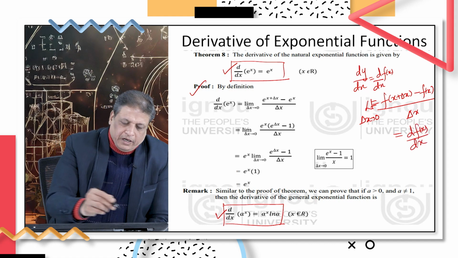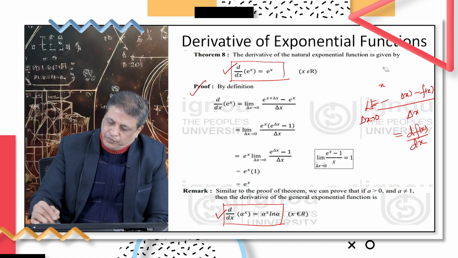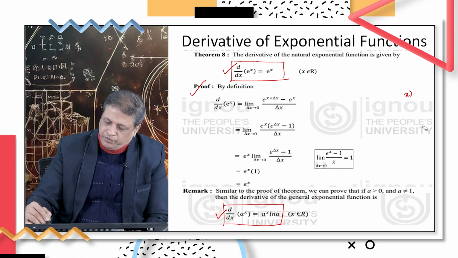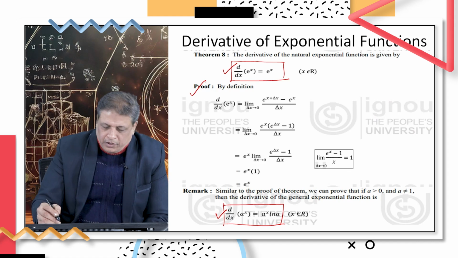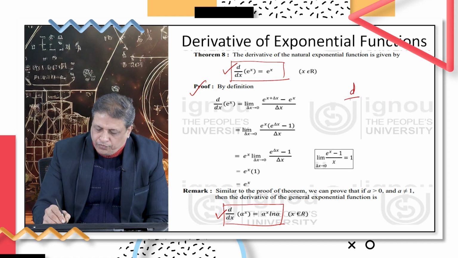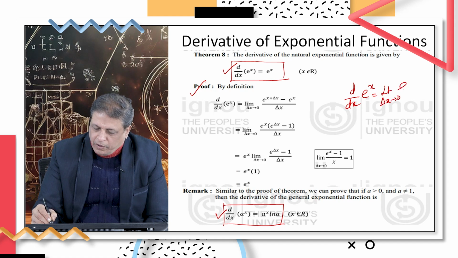Applying this fundamental formula and the concept of limits which we discussed in our earlier session, we get that d/dx of e to the power x turns out to be the limit as delta x tends to 0 of (e to the power x plus delta x minus e to the power x) upon delta x.